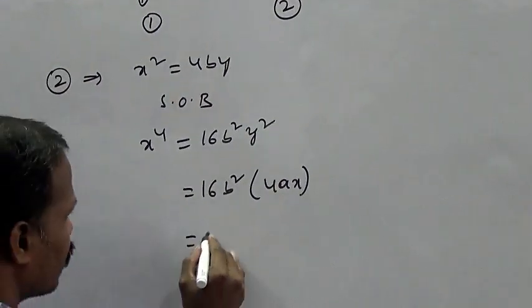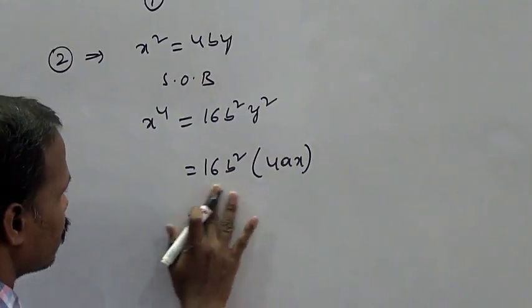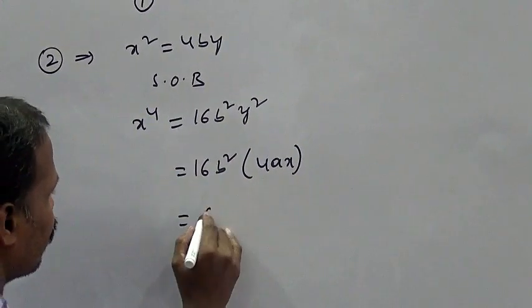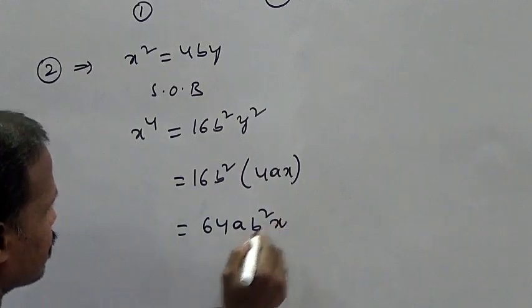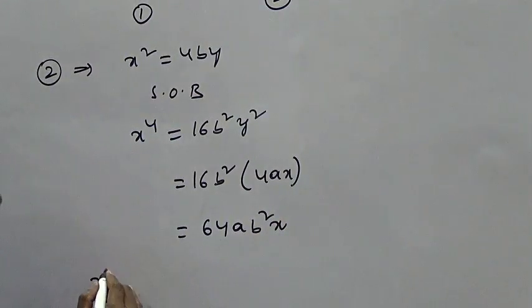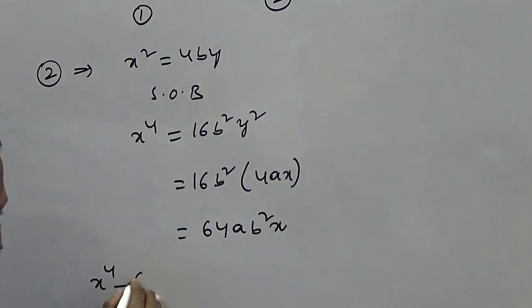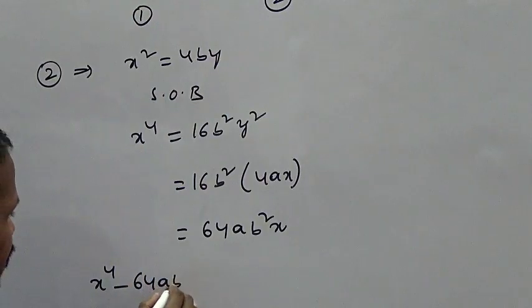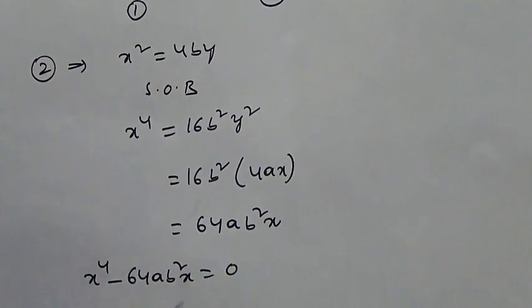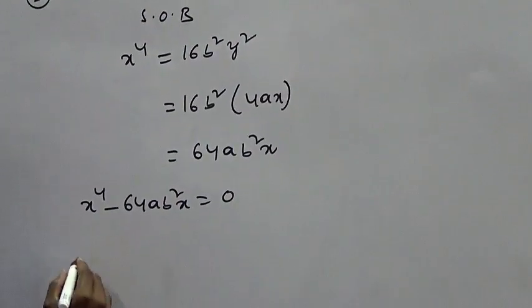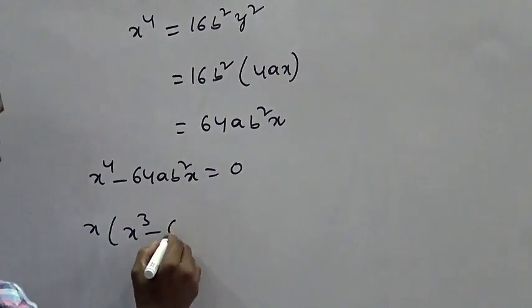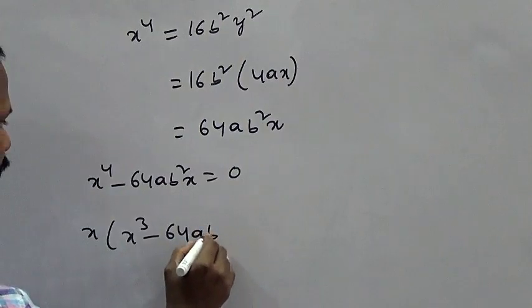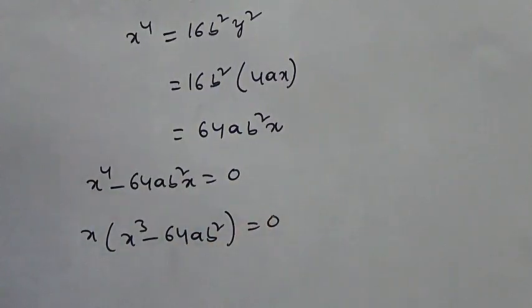So this is equal to 16 into 4, that is 64, a b square x. So x power 4 minus 64 a b square x equal to 0. Fine. Now x into (x cube minus 64 a b square) equal to 0.